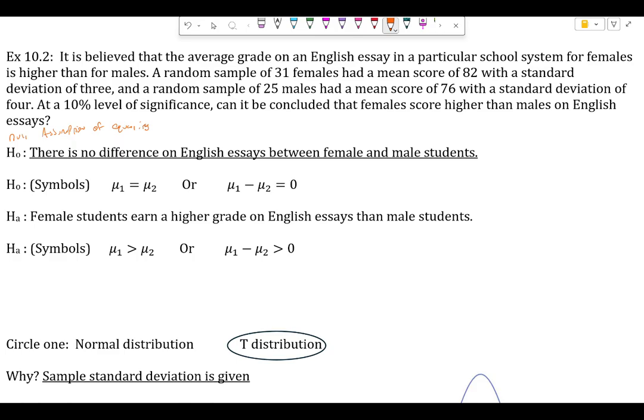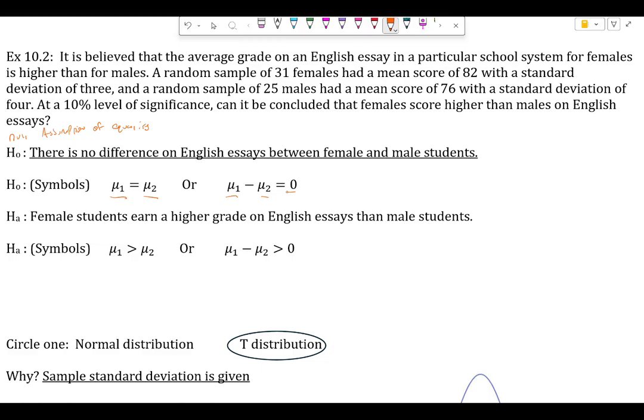In symbols, we could say that the mean for one population is equal to the mean for the other population. Or if we subtract these two means, we would get 0 because there's no difference. They are the same values.